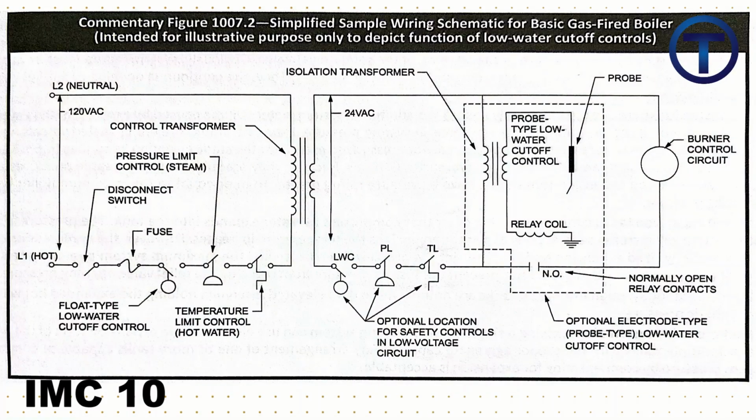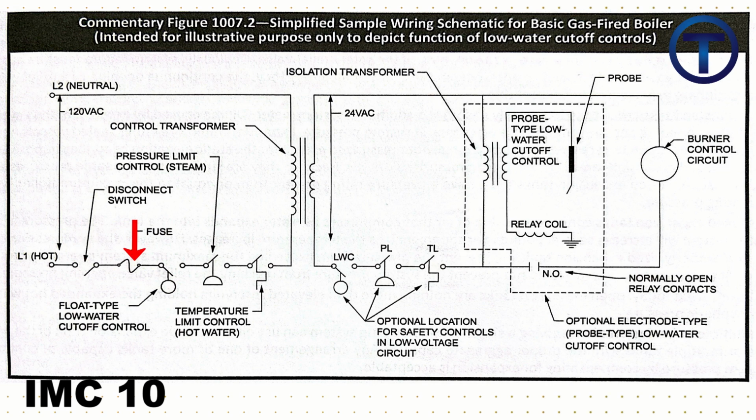Okay, follow me here. We were told in our last presentation that a boiler should only have 2 wires in its electrical connection. We see that here. The bottom is L1, that's the hot wire, that's what's feeding electricity into here, and then you've got L2 on the top, and that's the neutral. So across the bottom, we see a whole bunch of interrupts, right? Follow me. We've got the disconnect switch, that's what I can turn off.